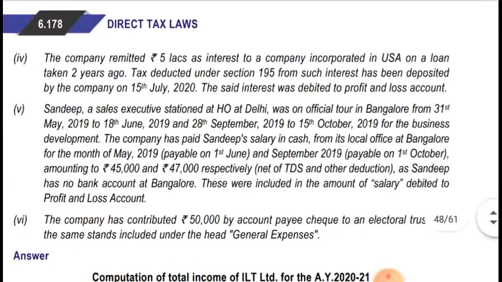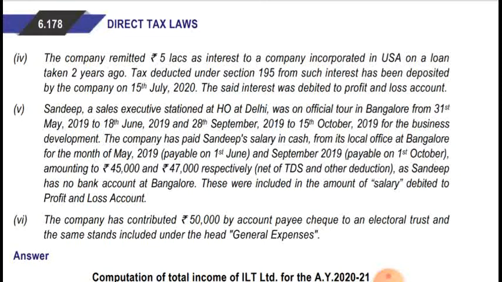The company remitted rupees 5 lakhs as interest to a company incorporated in US on a loan taken 2 years ago. The TDS under section 195 from such interest has been deposited by the company on 15 July 2020. The said interest was debited to profit and loss account.